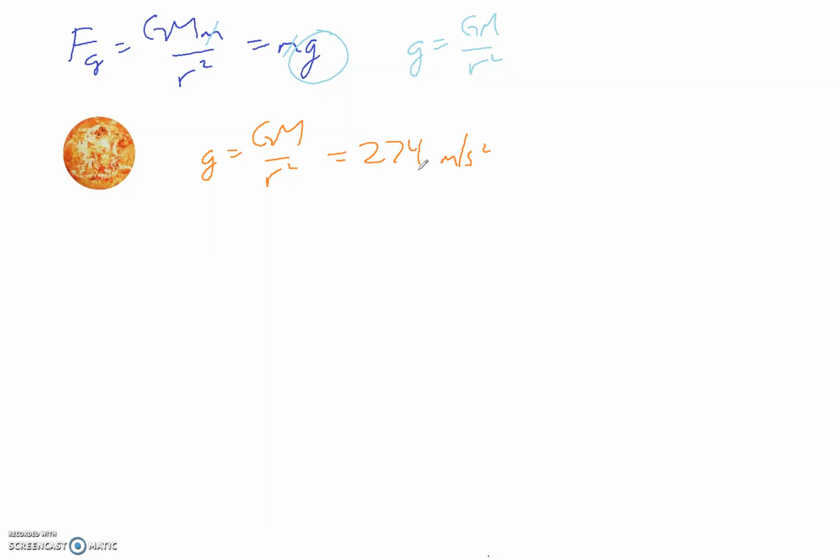So this is how we can calculate the gravitational acceleration of different things. Take something else, like the good old-fashioned moon. Most people know or have an idea that on the moon, gravitational acceleration is about 6 times less than it is on the Earth.